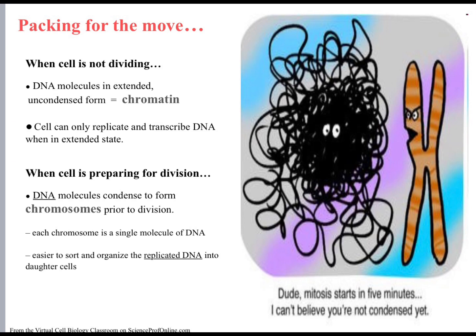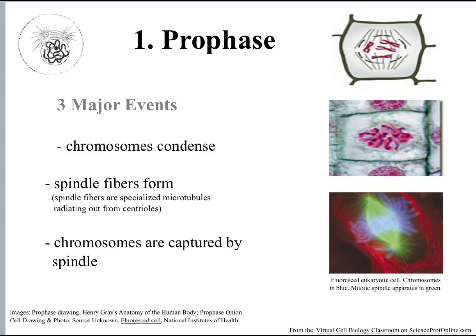When the cell is preparing for division, DNA molecules condense to form chromosomes. Each chromosome is a single molecule of DNA, which makes it easier to sort and organize the replicated DNA into the daughter cells.